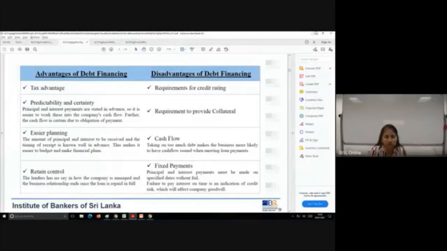You have to wait a little bit of time. They need to rate and give you the correct rating. If it's a bad rating, that's going to affect you. Let's say if it's CCC, which means you are in the junk category. That means it's not sure whether you will pay back or not. So that's going to hamper, or that's going to affect your debt financing.